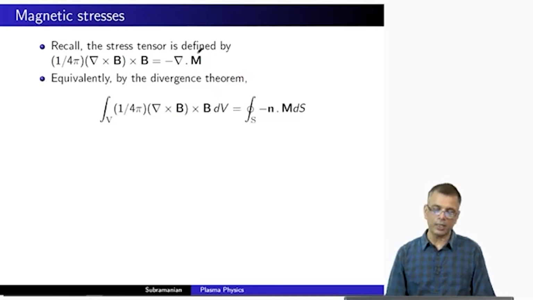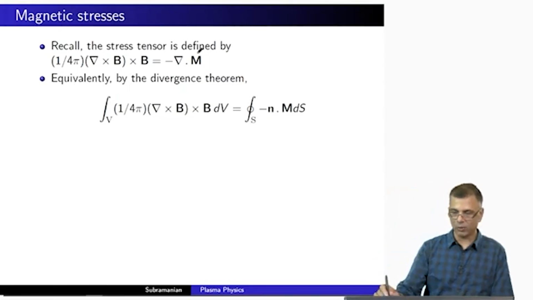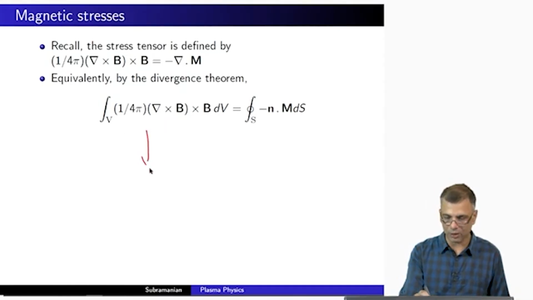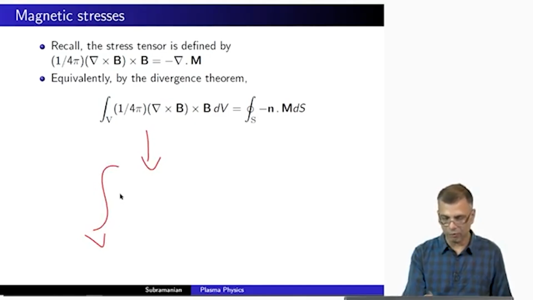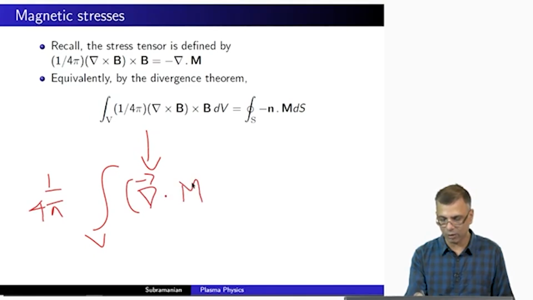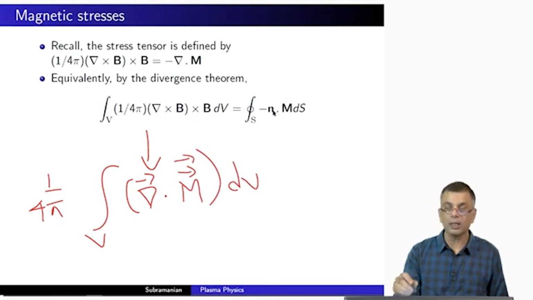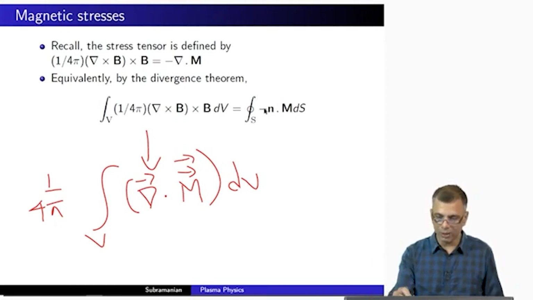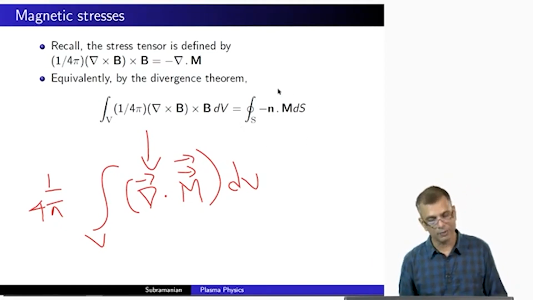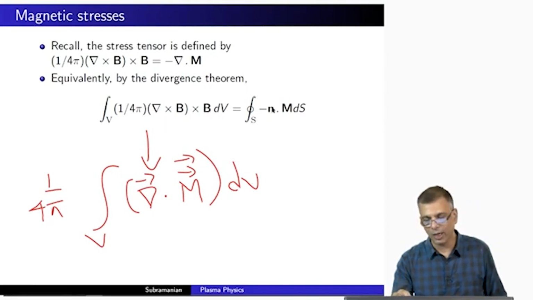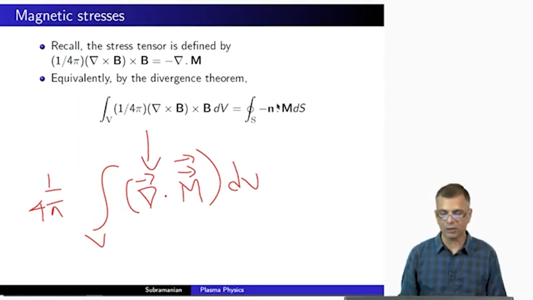Now, by the divergence theorem, this is essentially the volume integral, with 1 over 4 pi outside, of the divergence of M, and we use the usual divergence theorem to transform the volume integral into a surface integral like this, where n is the outward normal of the surface.